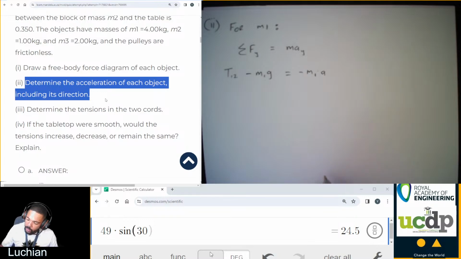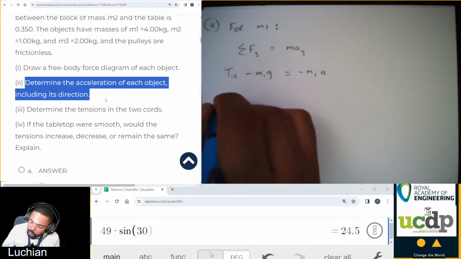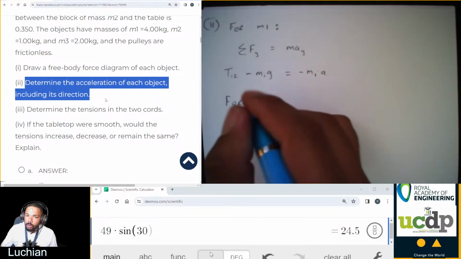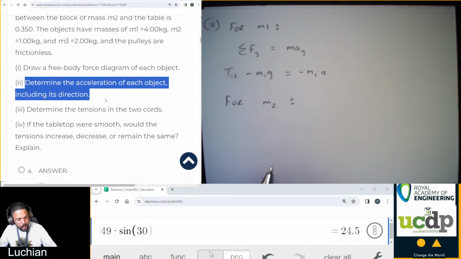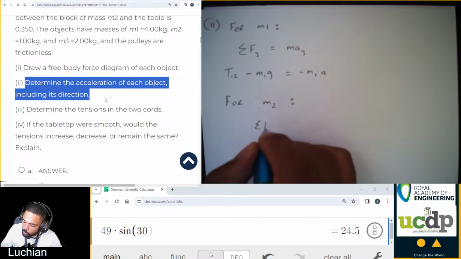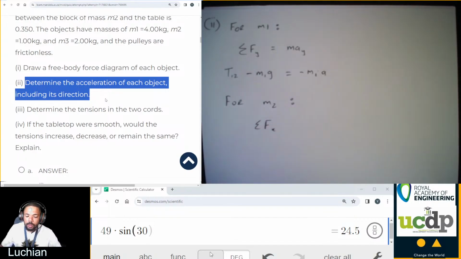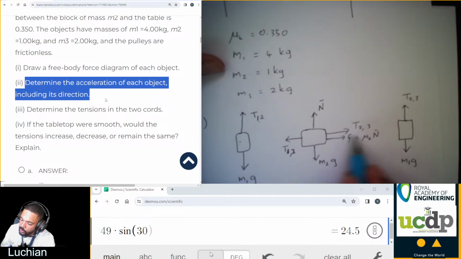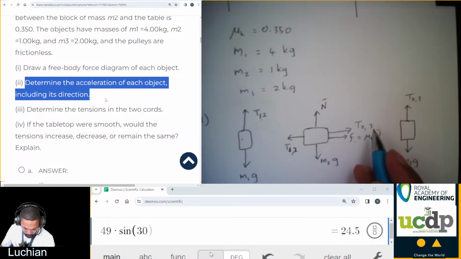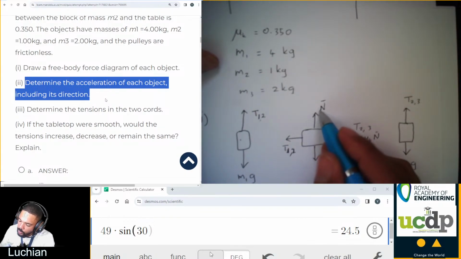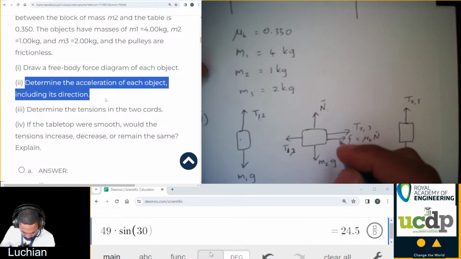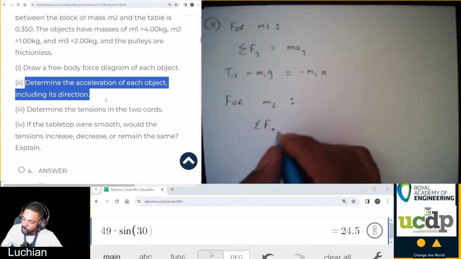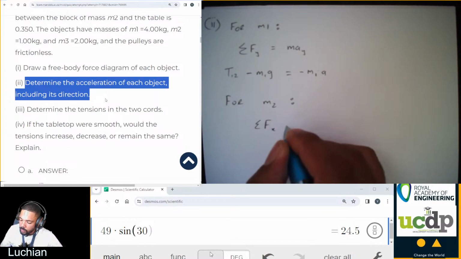Now for m2, I'm just setting up a whole bunch of equations now. For m2, there are multiple forces. The sum of the forces in the x direction. Remember, this is m2. The forces in the y direction cancel, the normal and the weight cancel.